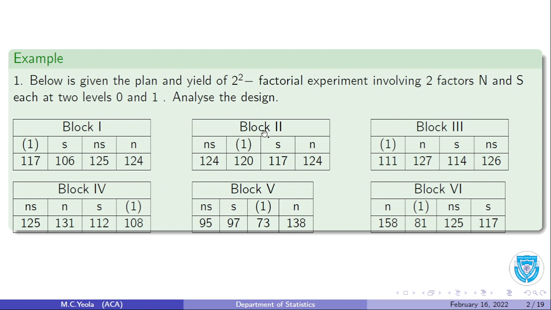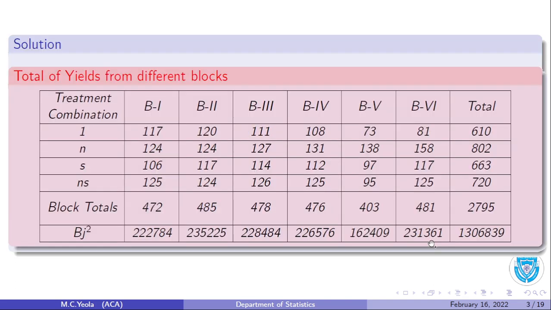We are having 1, 2, 3, 4, 5 and 6 blocks, and the treatment combinations we are having 1, S, N and NS. Likewise here everywhere we are having this as the data. So what we do while doing this analysis, total of yields from different blocks. Blocks we have written here 1, 2, 3, 4, 5, 6, and related to treatment combination 1 in block 1, what is the value?